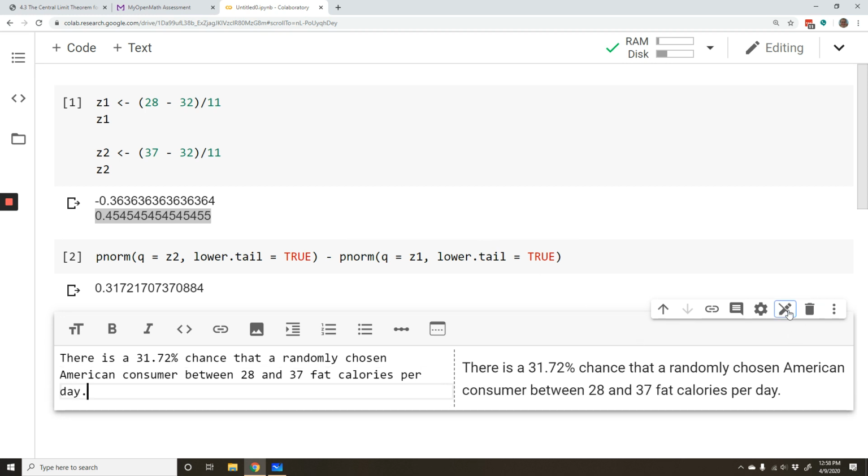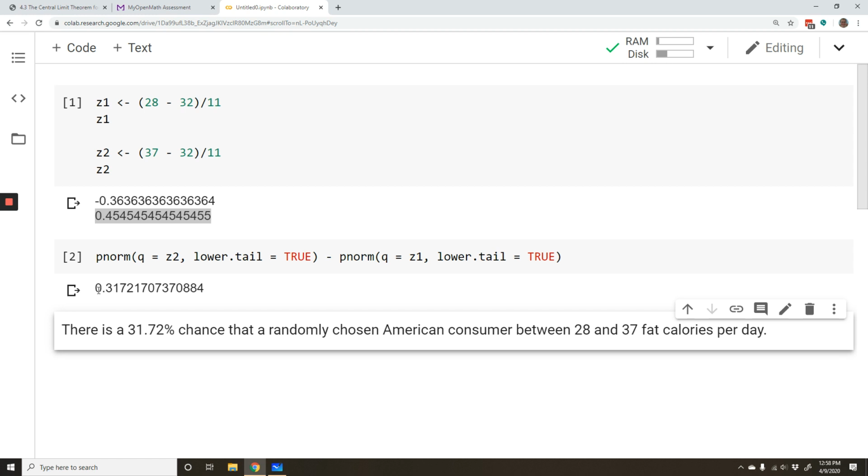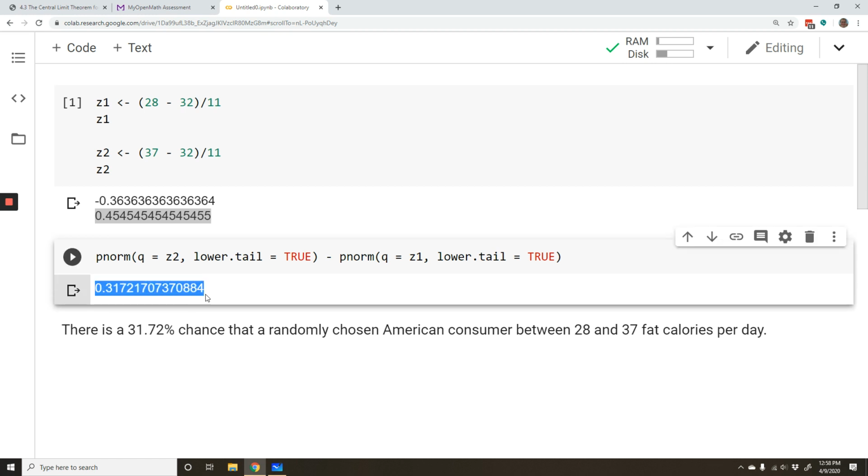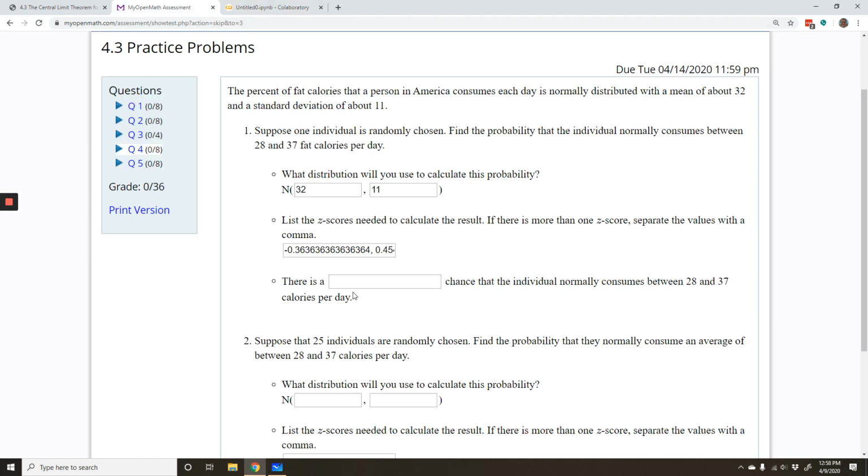Okay, that's what that means. So let's take that decimal probability and stick that in here: there is a 0.3172 chance that the individual normally consumes between 28 and 37 calories per day. So that's if we're looking at just one individual.